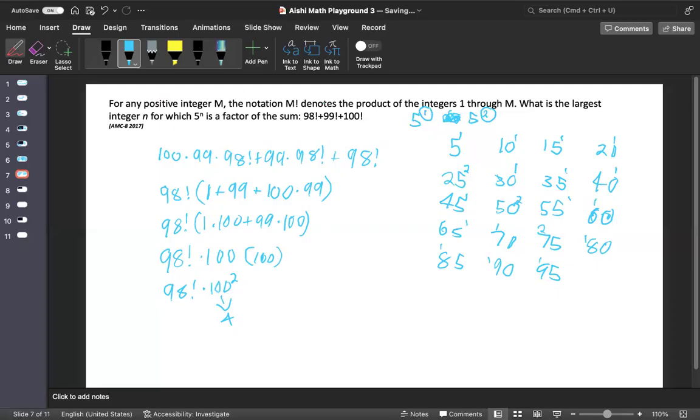So now let's count them. We have 1, 2, 3, 4, 5, 6, 7, 8, 9, 10, 11, 12, 13, 14, 15, 16, 17.